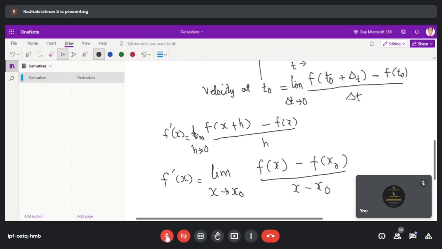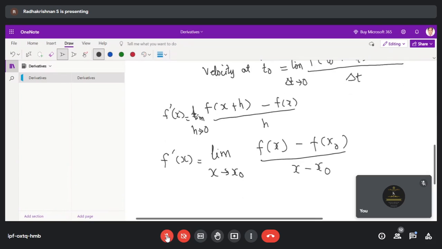This is another formula that we can use. So they are equivalent.